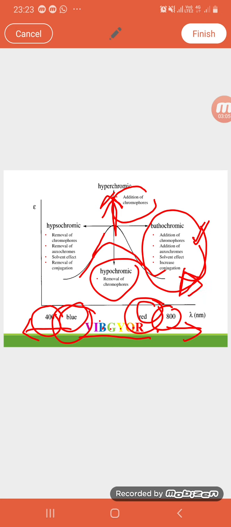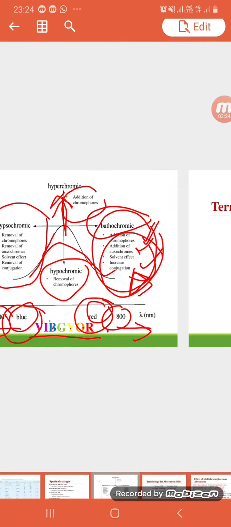Conjugation is the alternation between single bond, double bond, single bond, double bond. And also the other factors are the addition of auxochrome and the solvent effect. So these factors will cause the bathochromic effect, and vice versa for the hypsochromic effect.